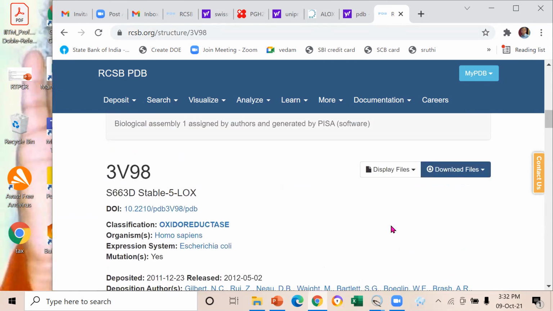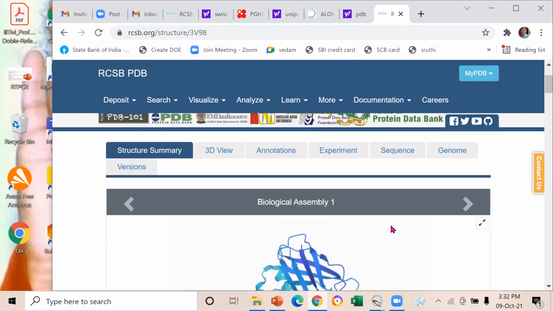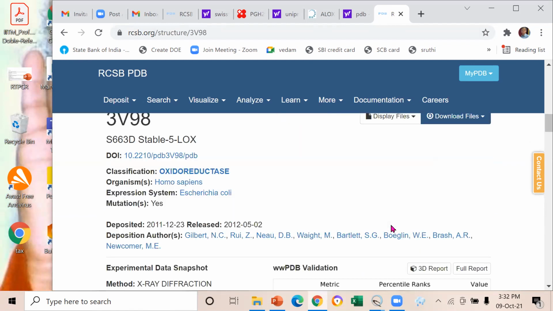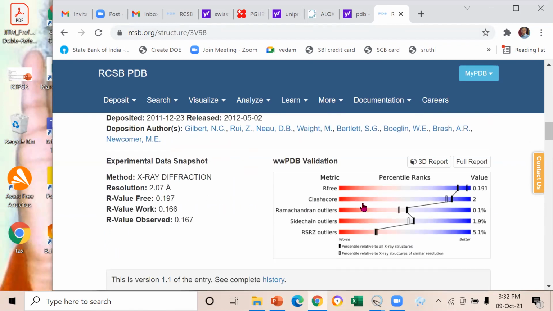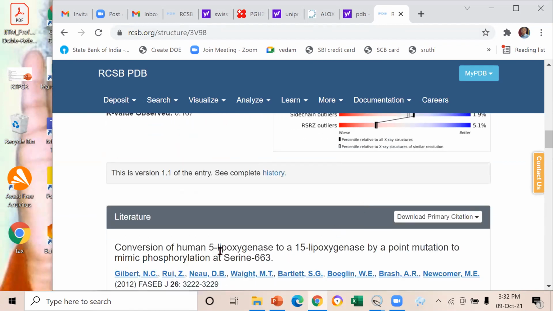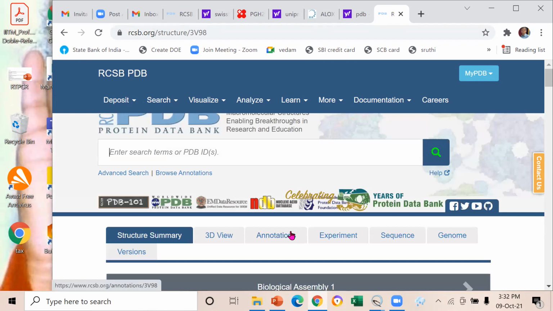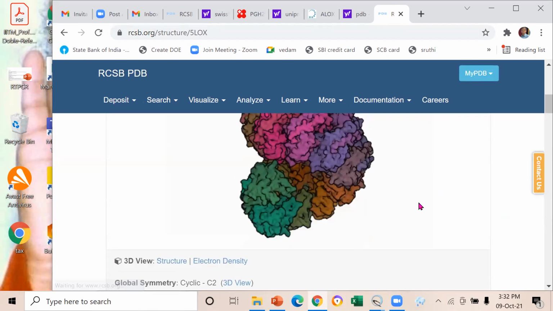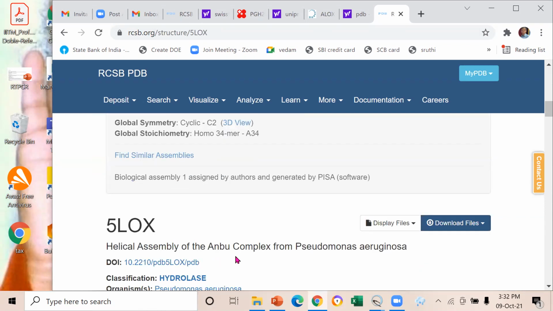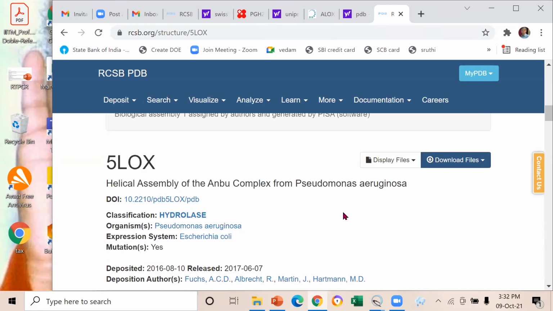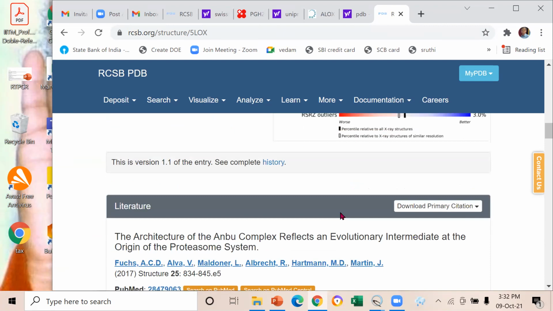We can see what it is. It is human 5-lipoxygenase, with a 15-lipoxygenase point mutation. You will have many 5-lipoxygenases in the database, because many groups have crystallized lipoxygenase with different ligands bound to it. If you see the helical assembly, it's some other complex of Pseudomonas aeruginosa, a bacteria involved in lung infection.